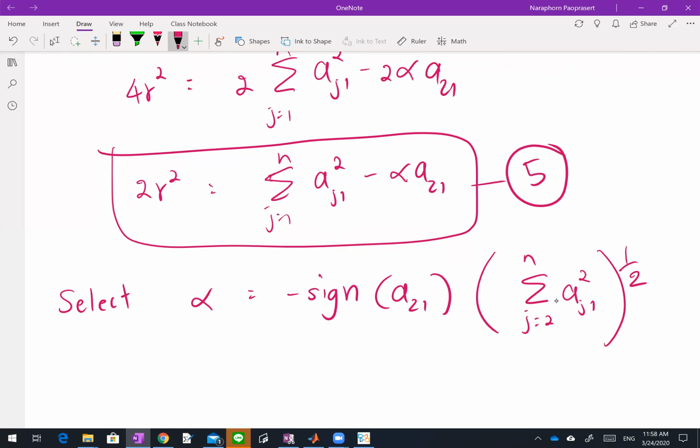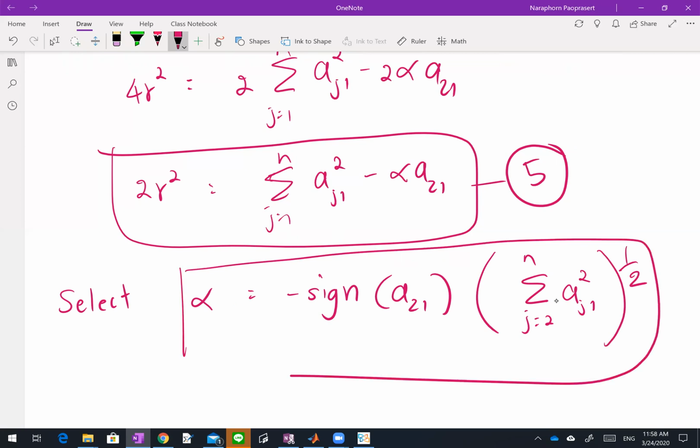So if you select alpha to be this value, sign means just the sign of a21. So let's say if a21 is 100, then the sign of 100 is plus 1. If a21 is minus 100, then the sign of minus 100 is just minus 1. So you just use either a plus or a minus for the sign of a21.